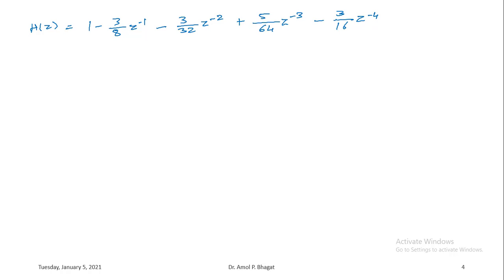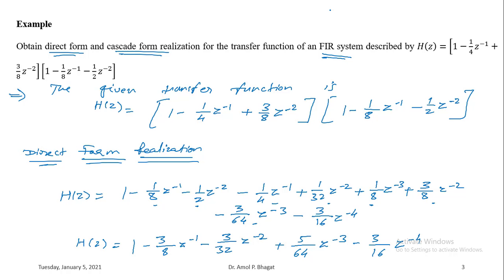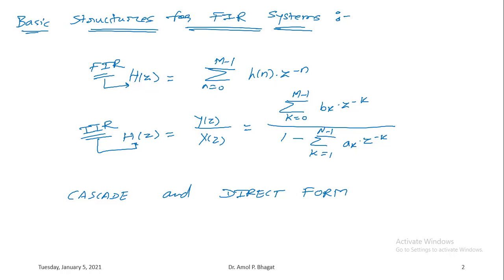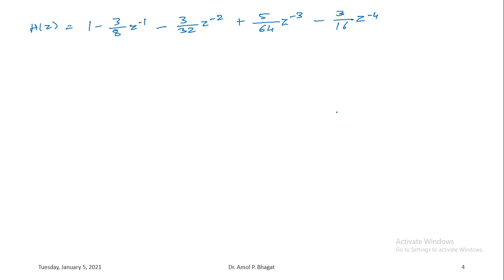Okay. So here you can see that this H of z is in this form, right? Or it is simply in the numerator form, right? So from this equation you can directly obtain the direct form realization.